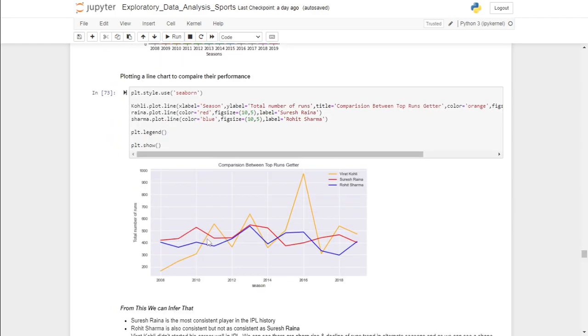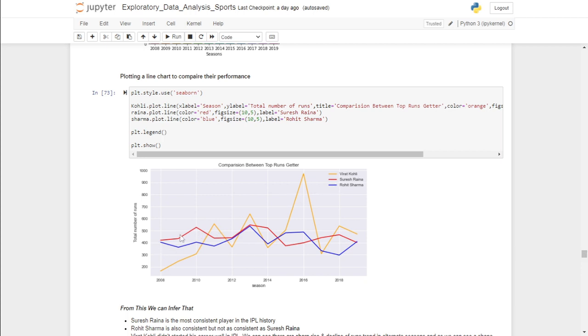Now plotting a line chart, you can see that Virat Kohli is not consistent. He started very low, then got a peak in 2016, then again a drop in 2017, and again a little peak.